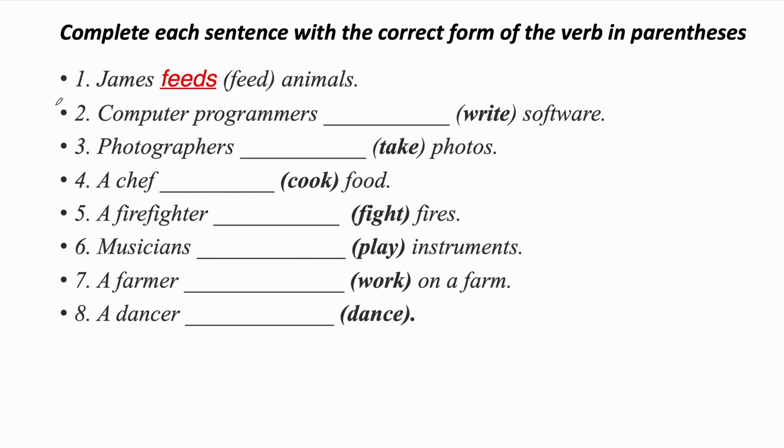Perfect. Second exercise. Here with the second exercise, it says complete each sentence with the correct form of the verb in the parentheses. Question 1 is an example. James feeds animals. So this is a thing James does every day.